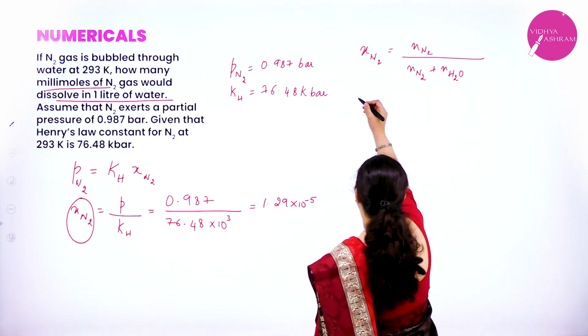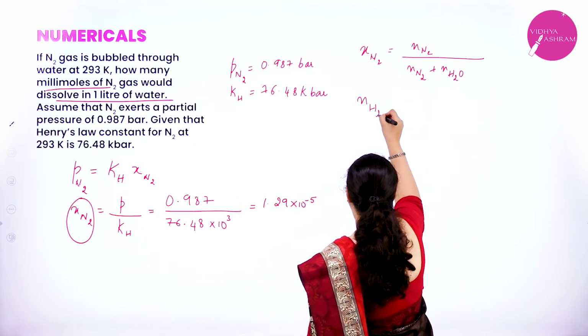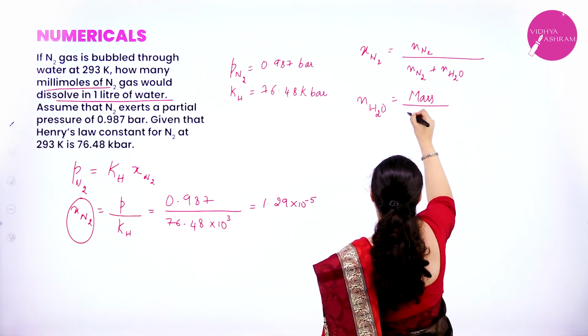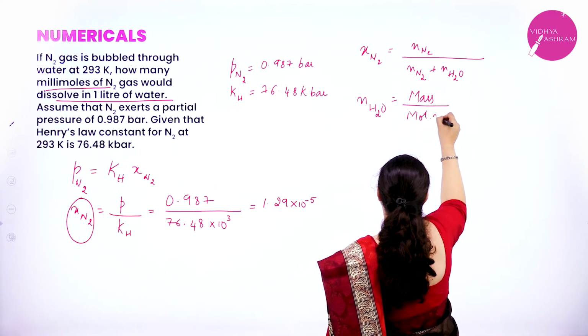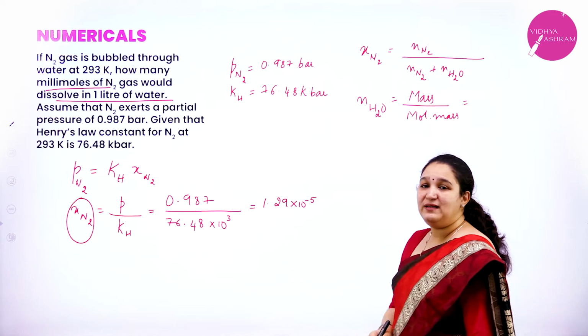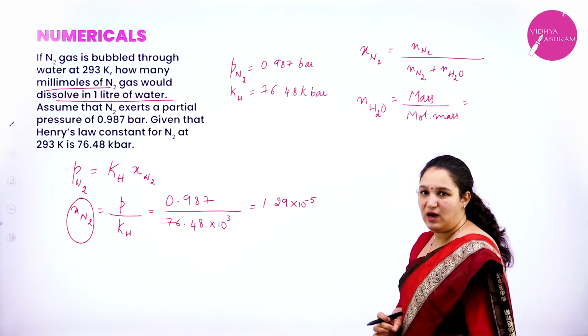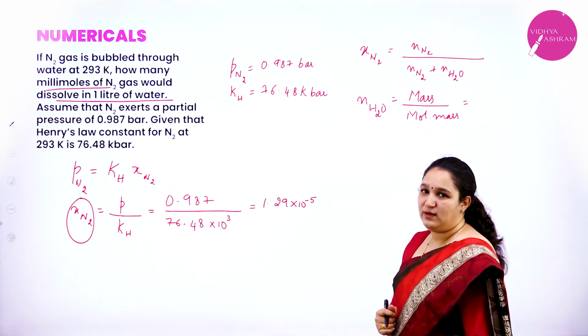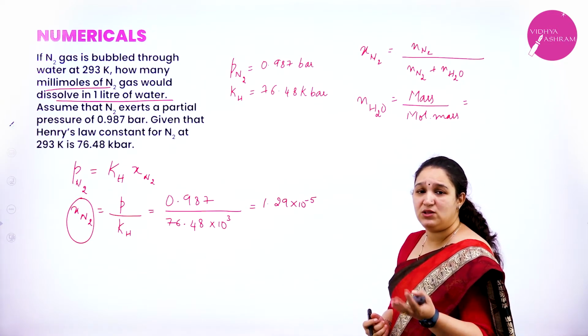That is, number of moles of water is mass of water by molecular mass of water. Correct? What is the mass of water? 1 liter of water has 1000 ml. 1 ml weighs 1 gram. So 1000 ml will weigh 1000 grams.